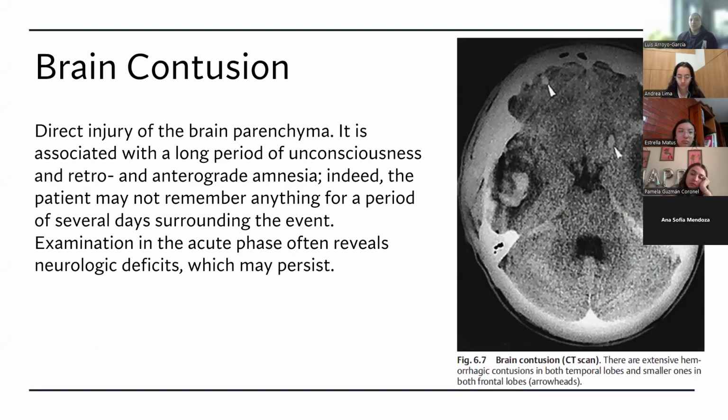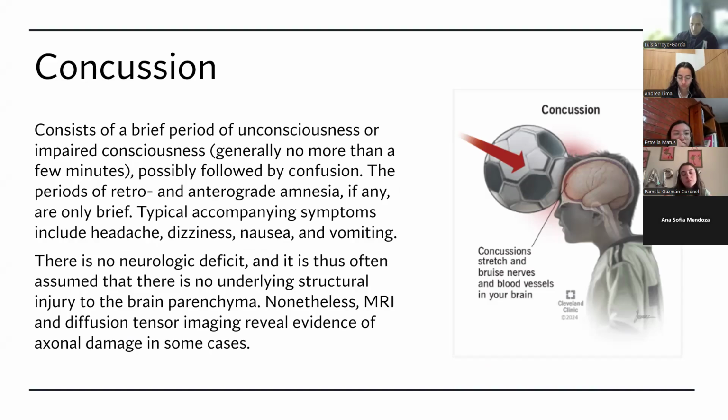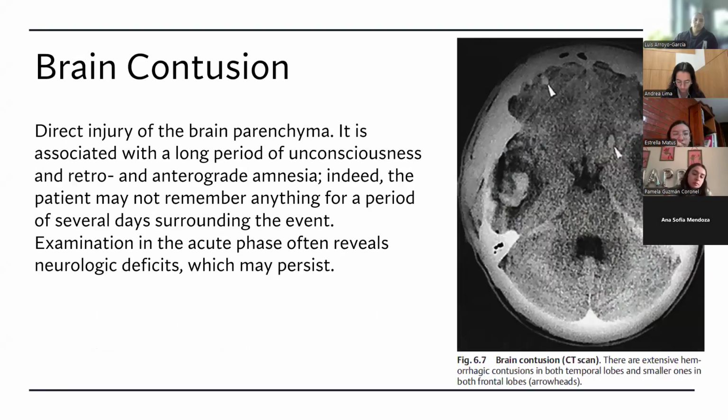Here we're going to talk about actual damage in the brain. With a concussion, you just don't know where you are, you lose a bit of what's happening. It's a reset in the brain. With a contusion, you are having damage in the brain.